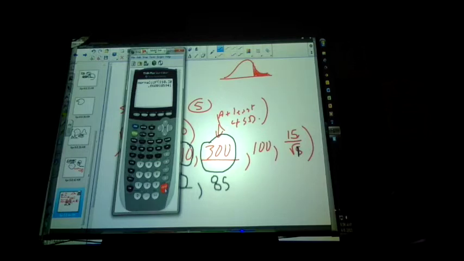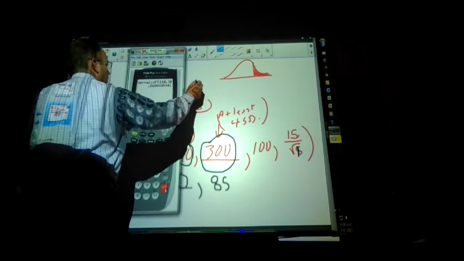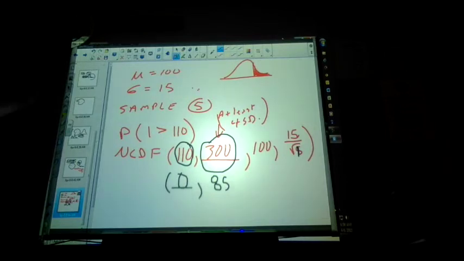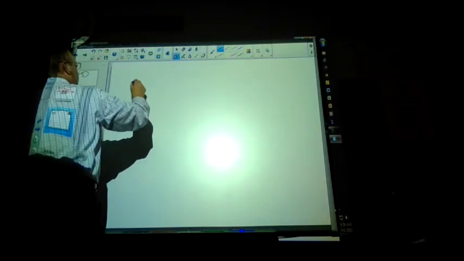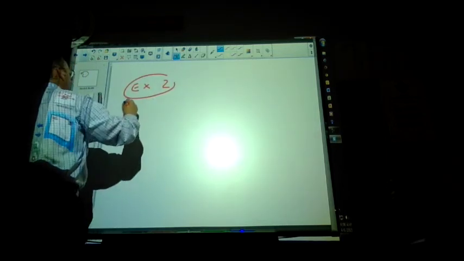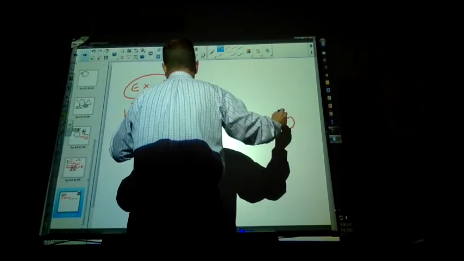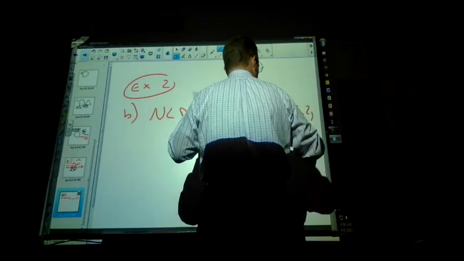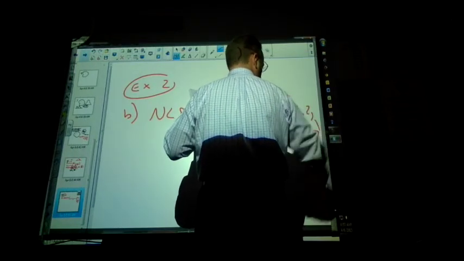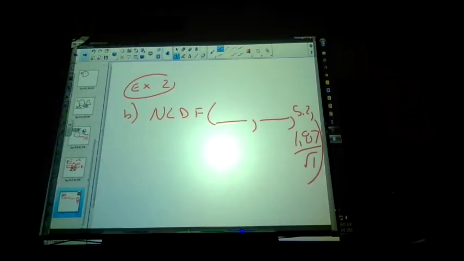So you're going to have the NCDF. What is the probability that a randomly chosen freshman is at the library for fewer than 4 hours?